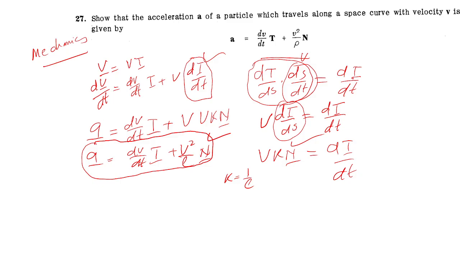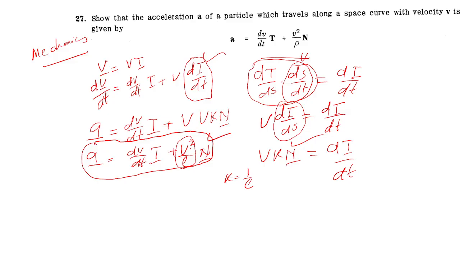which is the acceleration of a body moving in a space curve. When a body is moving in a space curve, we have two types of acceleration: tangential acceleration and normal acceleration. The normal acceleration is toward the center of curvature, and the tangential one is along the tangent.